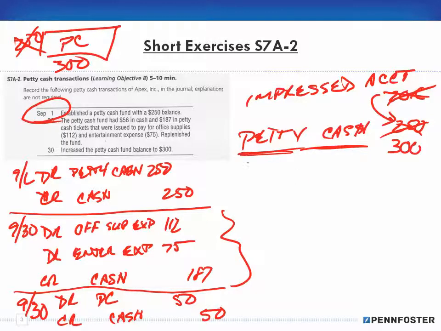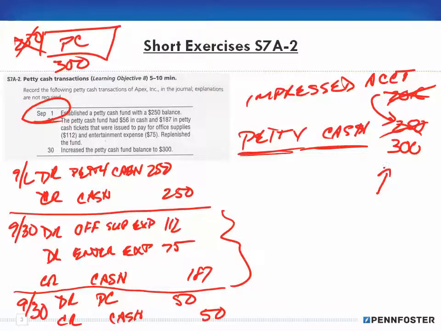Now, if 300 suffices, it could be years without ever putting another transaction to the petty cash. If it's 6 months down the road and you realize that you still don't have enough cash in the petty cash fund, sure, you write another check to increase the amount of the petty cash. But those are the only entries you're going to make to the petty cash.